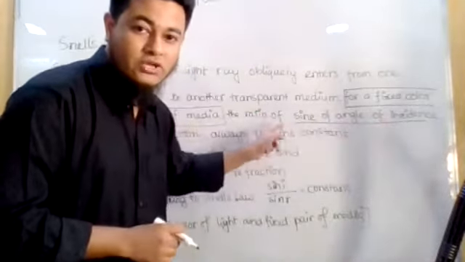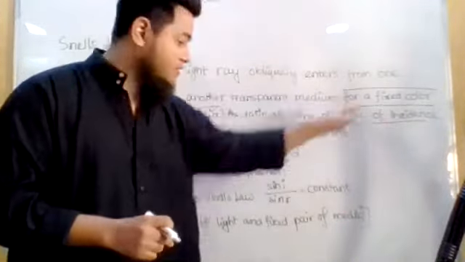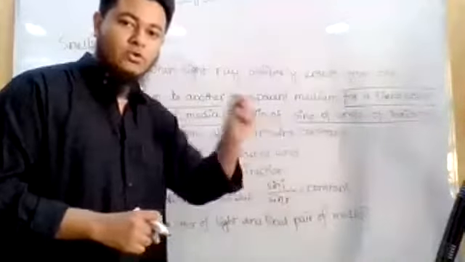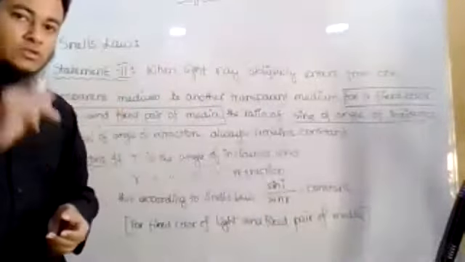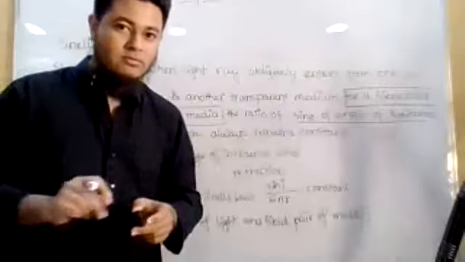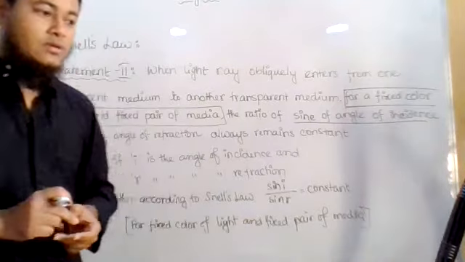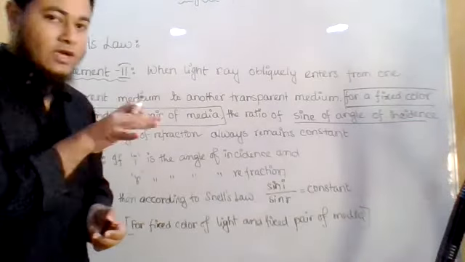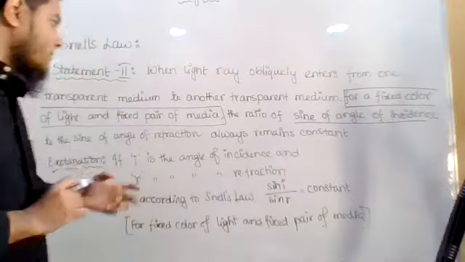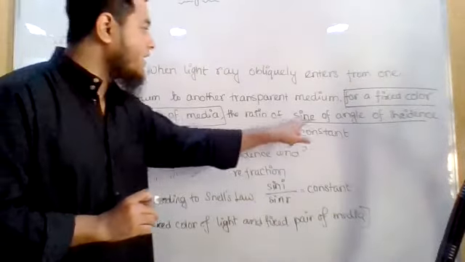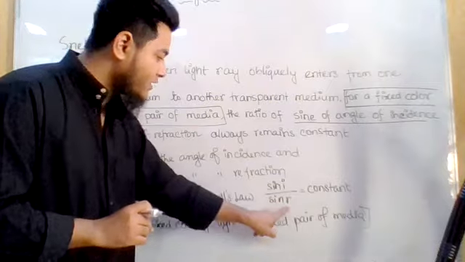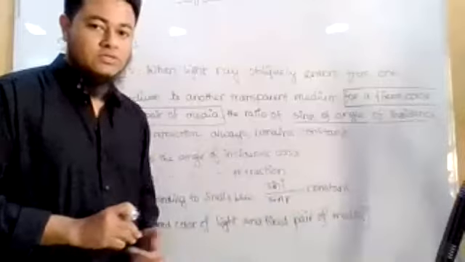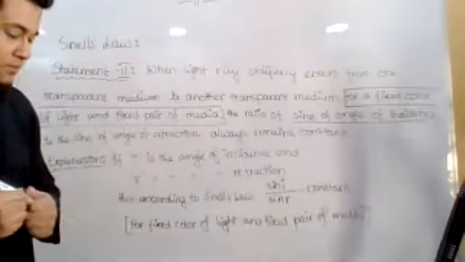No, the ratio of sine of the angle of incidence, sine i. Students sometimes forget to write sine. So you may box it and put a star mark so that you remember it whenever you are revising, that you have to focus on this one. So the ratio of the sine of the angle of incidence to the sine of the angle of refraction always remains a constant. This is the second law. Understood?